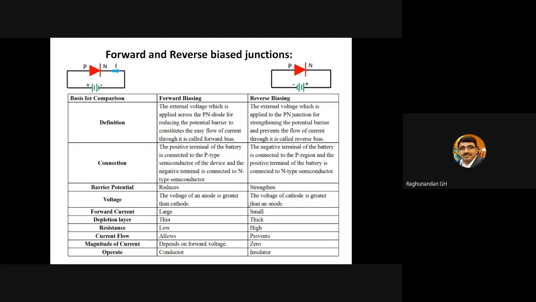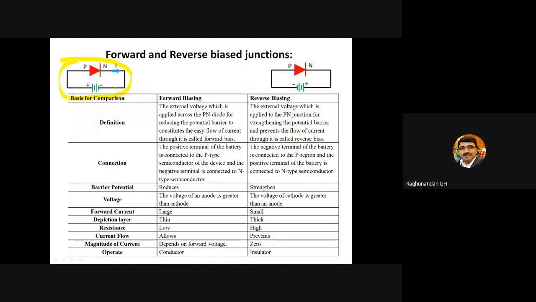That's why I have separated everything. So here, the first one is the diagram. We have drawn the diagram of a forward bias junction.